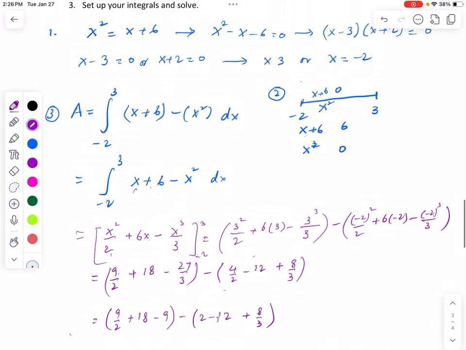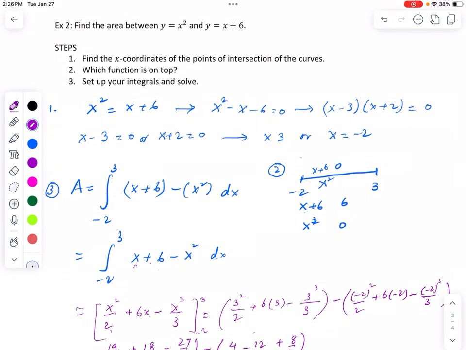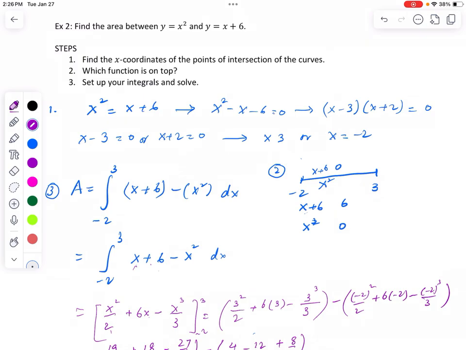The question gave us two curves or two functions, but we don't know which one is above and which one is below, and what the bounds are, like from where to where we have to find the area. So the steps for the problem are: the first thing we do is find the x coordinates of the points of intersection of the curves.